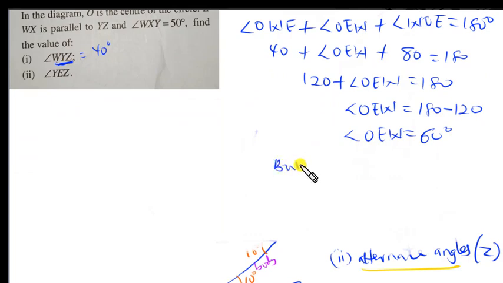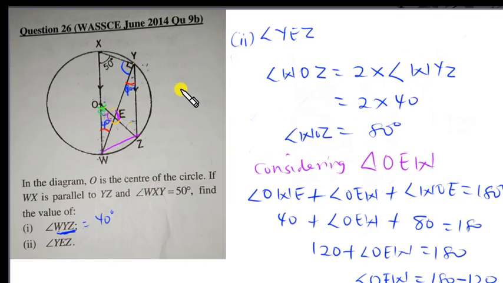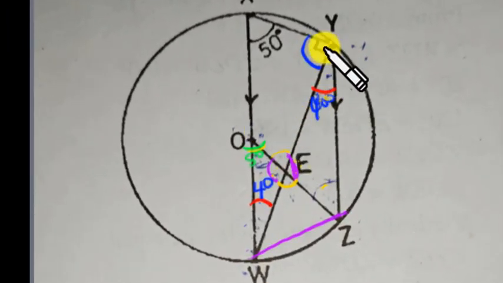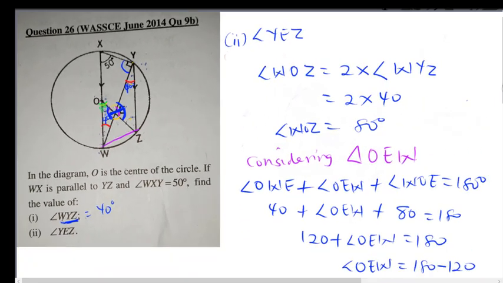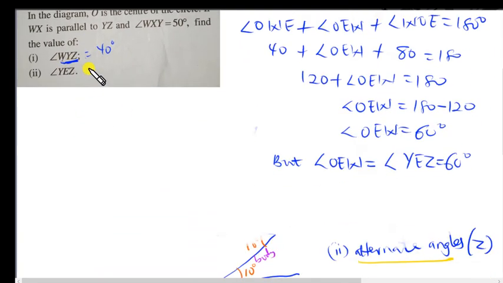But angle OEW is equal to angle YEZ, because the two are vertically opposite. Look at it: we have the angle YEZ, and this is the angle we have found, the OEW, but these two are vertically opposite, so that gives us 60 degrees. So the angle YEZ is also 60 degrees, as we have found here.